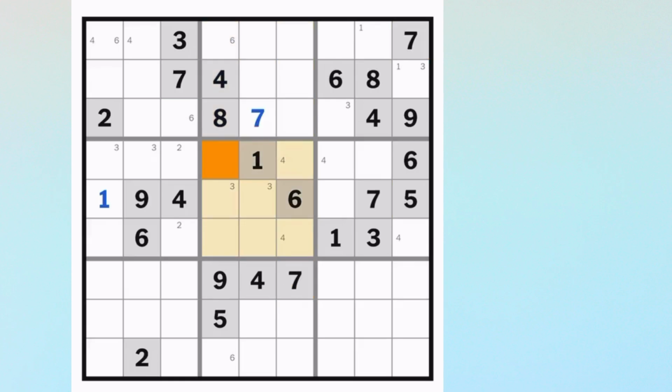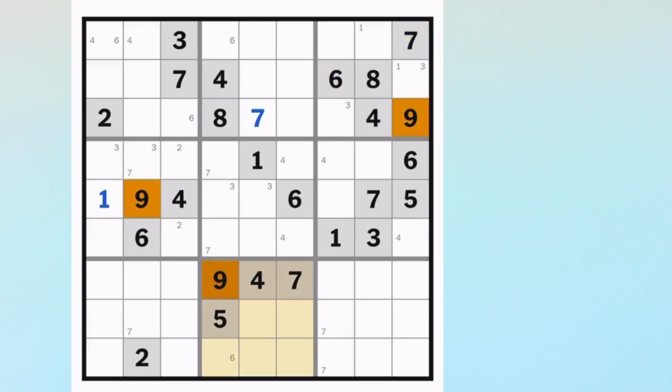And we get these 2 cells where 7 is a likely candidate. Then these are the 2 cells where 7 is a likely candidate in this block. And in this column, 7 can appear in these 2 cells. Okay. Then we go to 8.